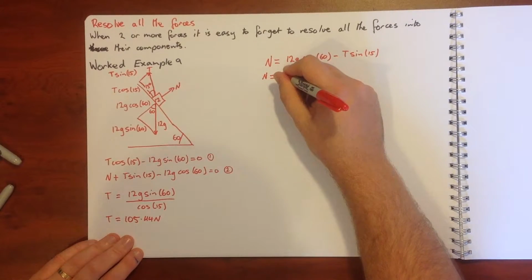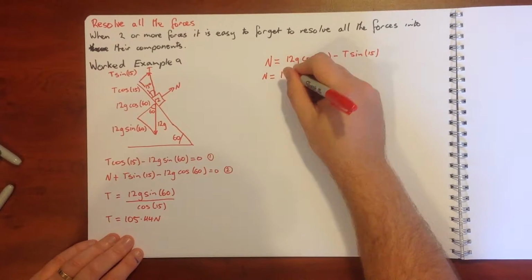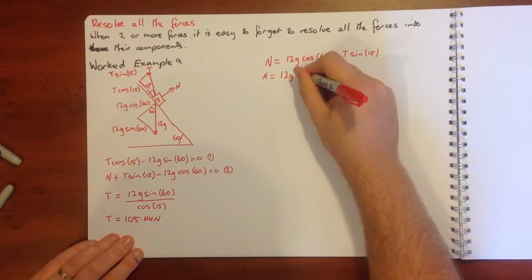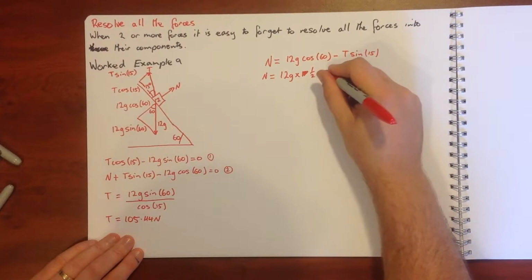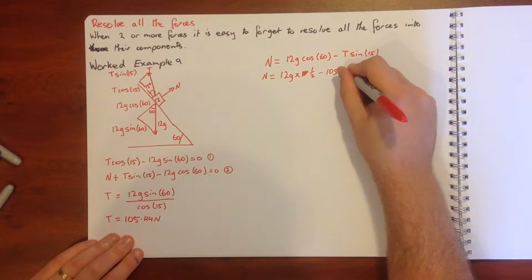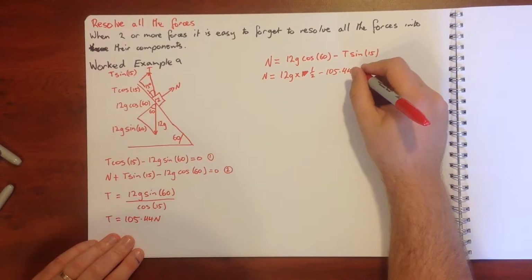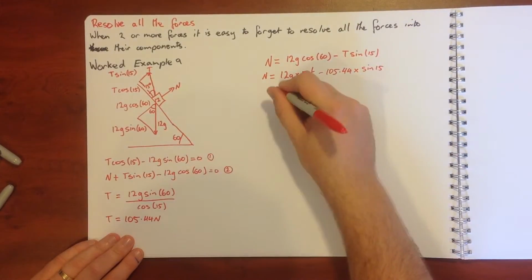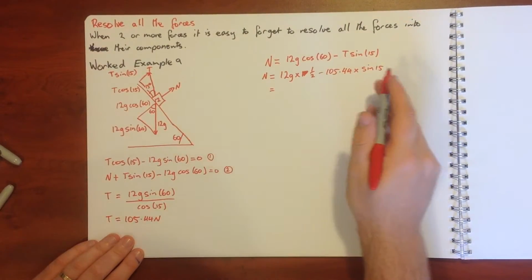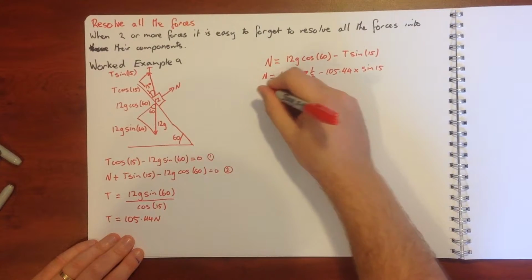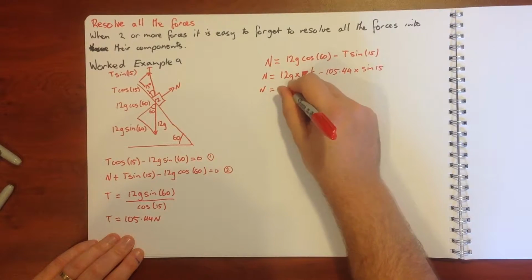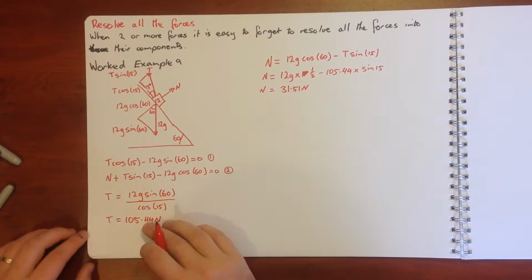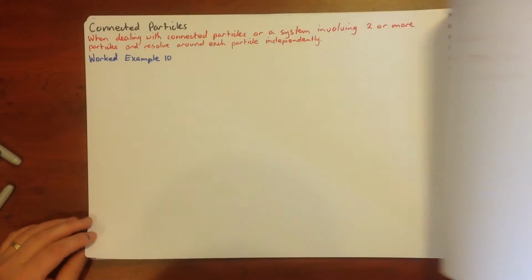And we know that's 12G times a half, minus 105.44 times sine of 15. When we sub in G and work all this out, we find that the normal force N is equal to 31.51 newtons this time.